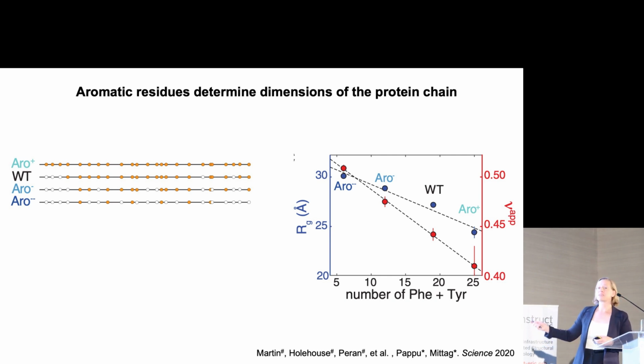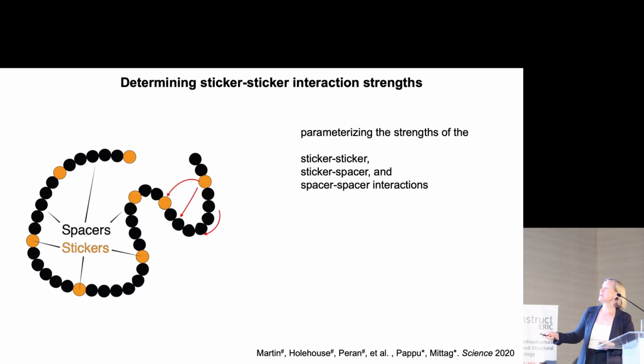So increasing the number of aromatic residues compacted the protein more, really showing that the aromatic residues were adhesive elements in the sequence, and we called these sticker residues. And the spacers are intervening residues that probably mediate weaker interactions and can also determine the solubility of the protein, and therefore, of course, also contribute to the phase separation properties.